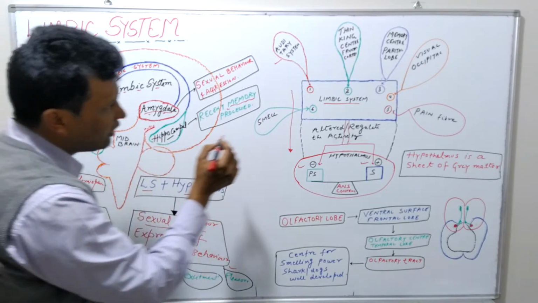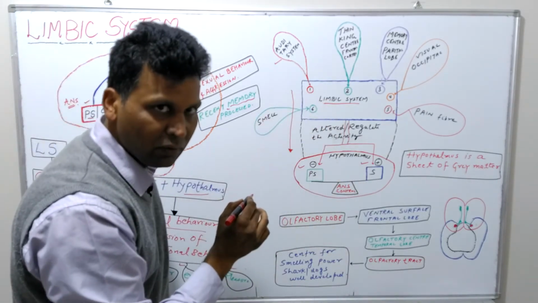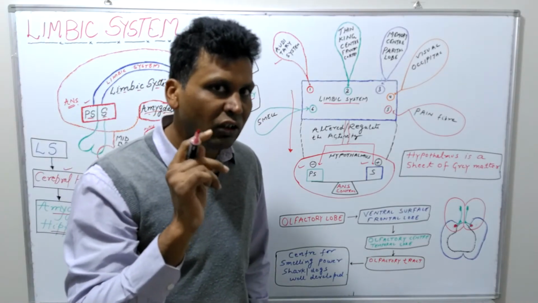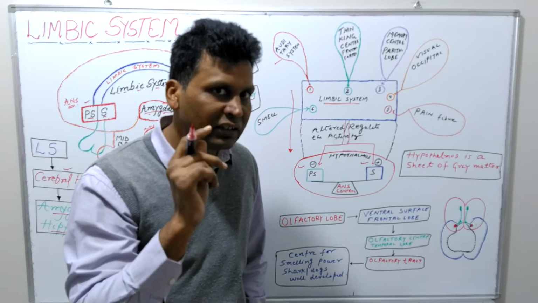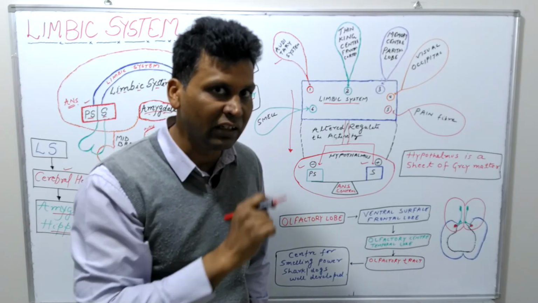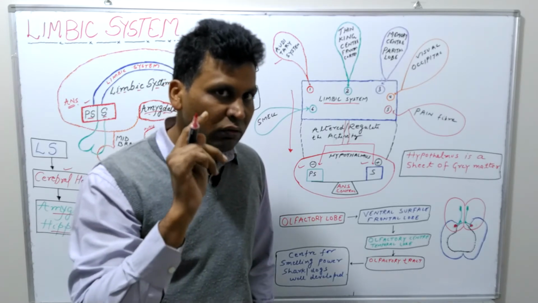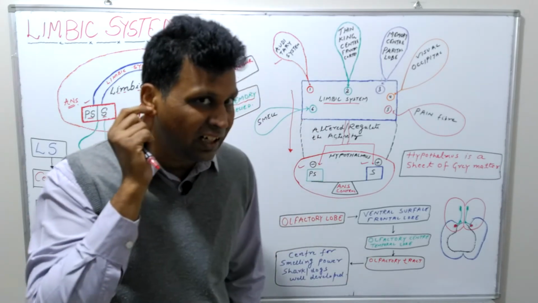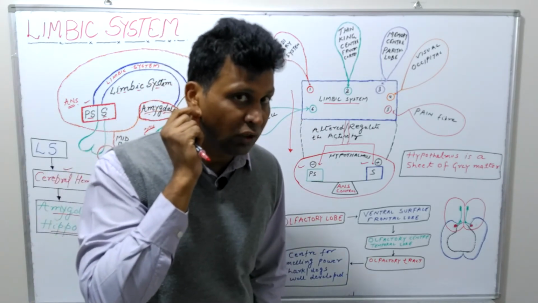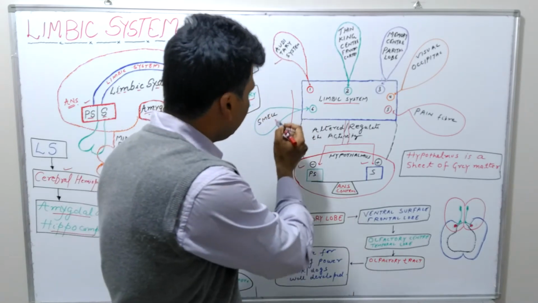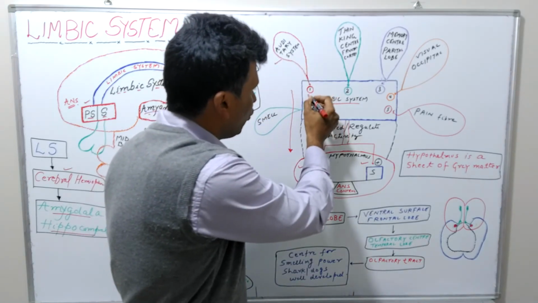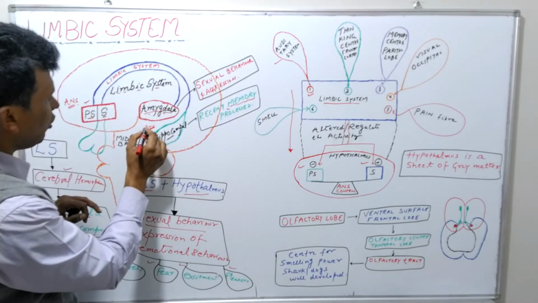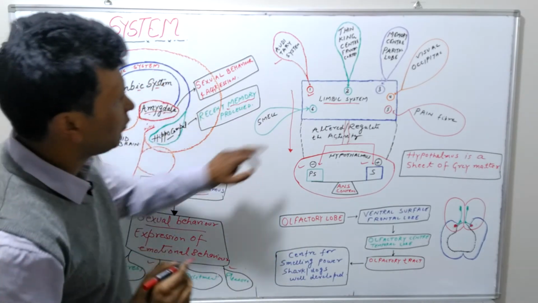You will hear and receive the signal in the limbic system, and you can understand that this dog is not a friend, this is unfriendly, unpleasant, and hostile, so it is going to harm me. So first you hear the sound of the dog, then from the auditory system the signal will go to the limbic system.